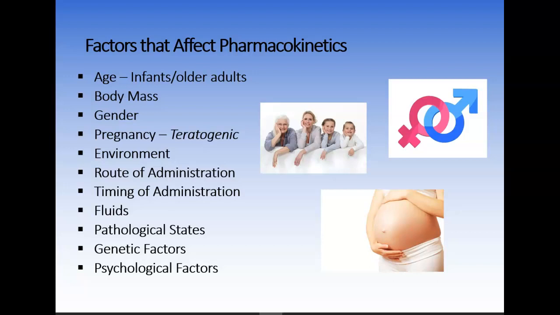Different genders matter, especially with pregnancy and some of those types of things. Teratogenic means it's dangerous and can cause cancer potentially in babies. So anything that you give a pregnant female should be checked, verified with the drug book to make sure there's no kind of pregnancy warning or anything like that.